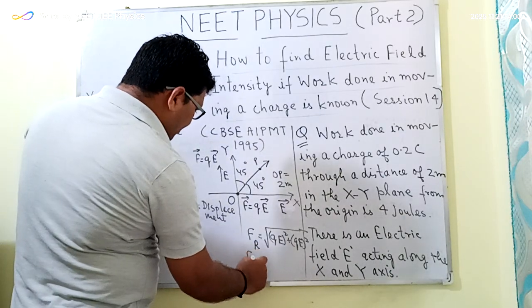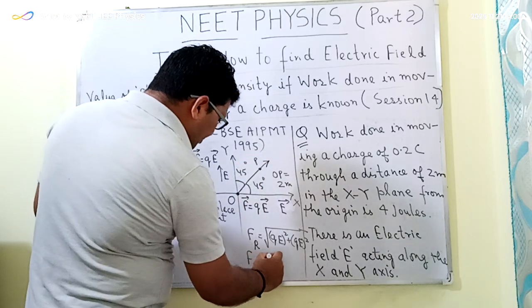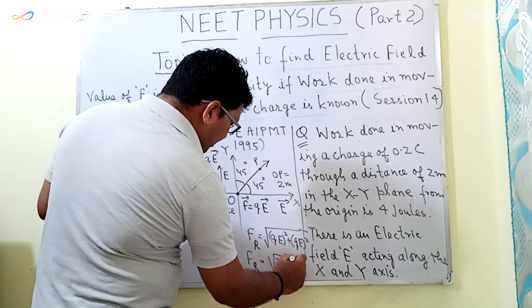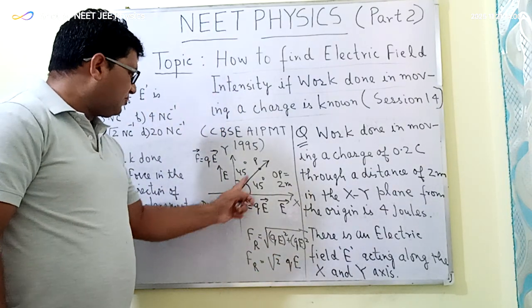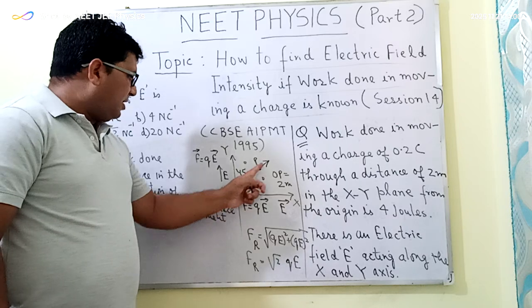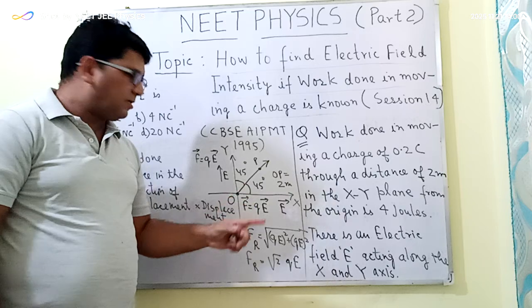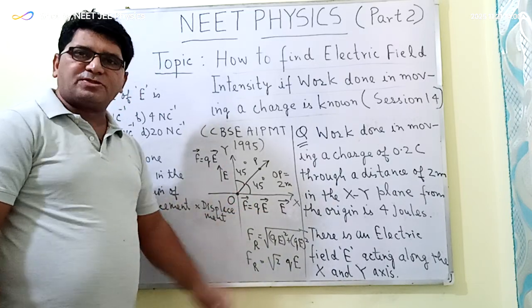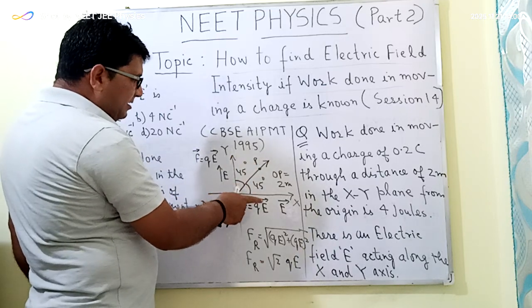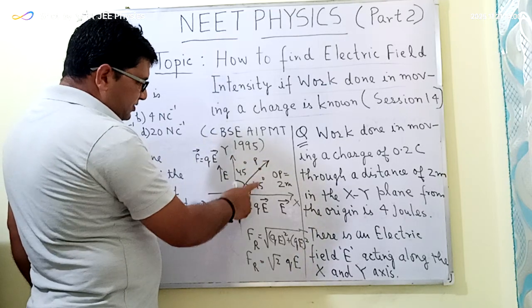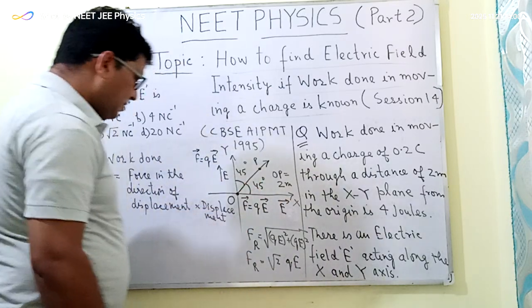So the resultant force on this charge along this direction, as indicated by this arrow, will be equal to root 2 QE. This is the direction making an angle of 45 degrees with the x and y axes. Why? Because both these forces are equal in magnitude, so the angle made by the direction of motion with the x-axis and the y-axis will be equal to 45 degrees.